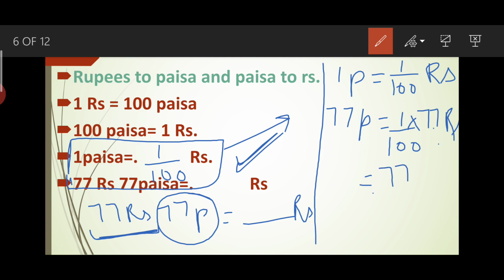What will you get? 77 upon 100 rupees. And as you know, if in division we are having a multiple of 10, here we are having 100, 100 means there should be 2 digits after the decimal. If there are 2 zeros below, there should be 2 digits after the decimal. So we will write it as 0.77 rupees, because we have 2 digits above, and just before them we will put the decimal. So we have come out with 0.77 rupees.